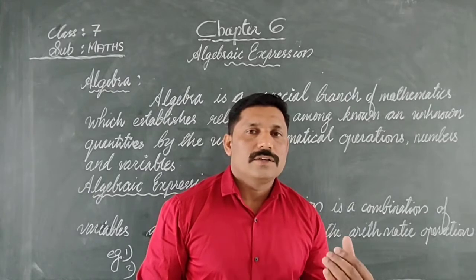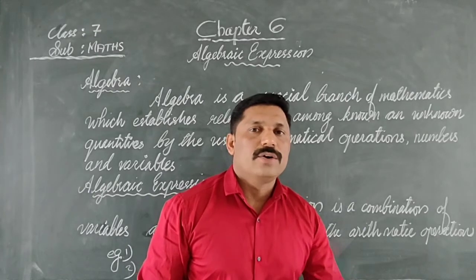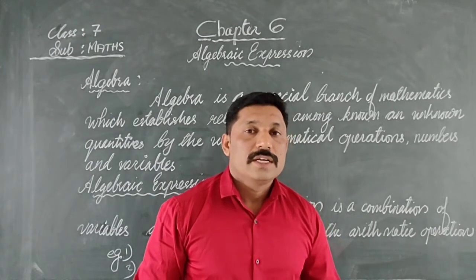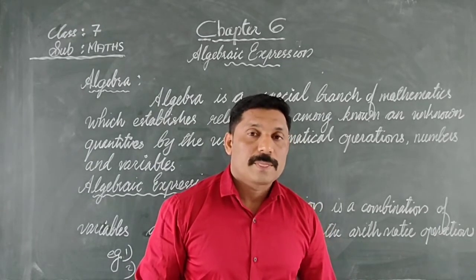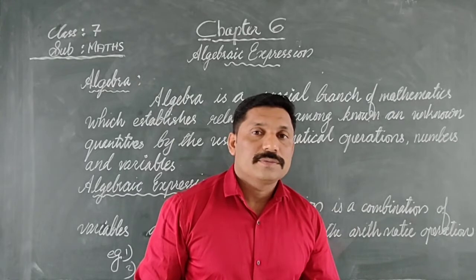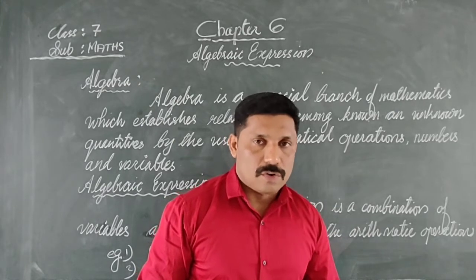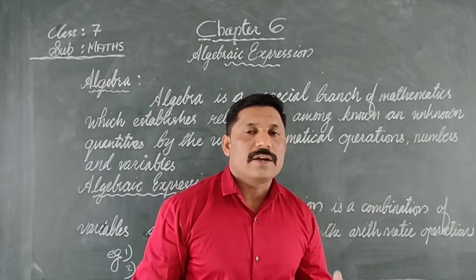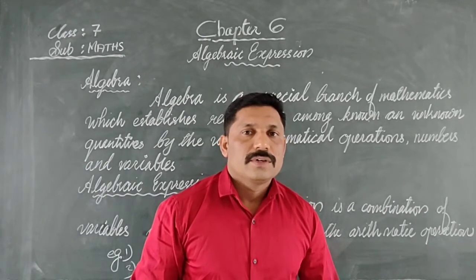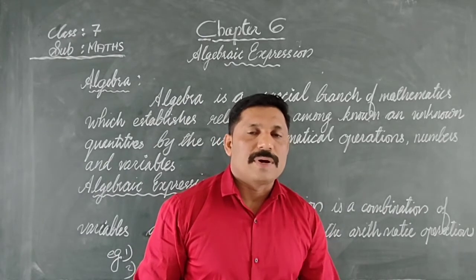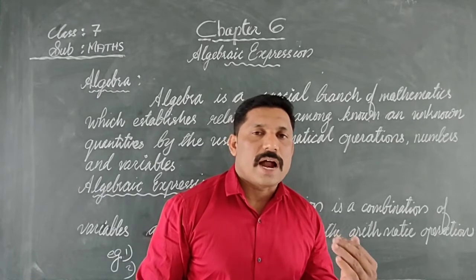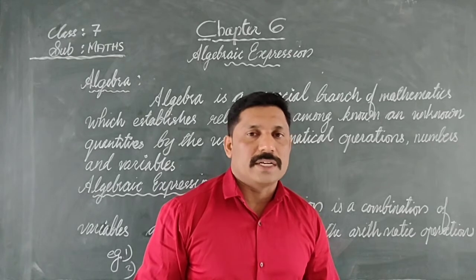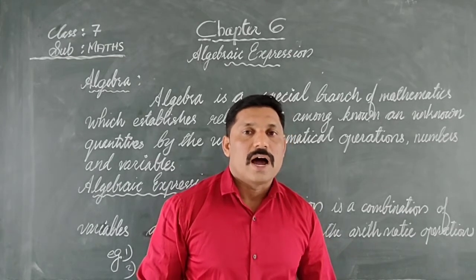You know that some values are unknown in mathematics, sometimes when we solve questions. Sometimes some values are known, meaning some numbers will be given. We make a relationship among these unknown and known values by using addition, subtraction, multiplication and division. This special branch of mathematics is called algebra.